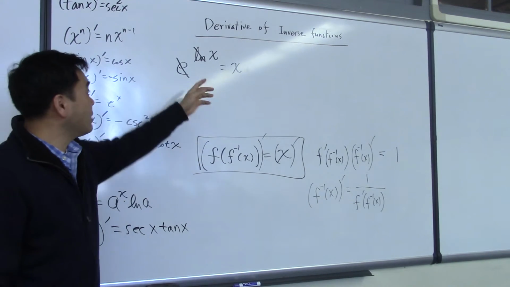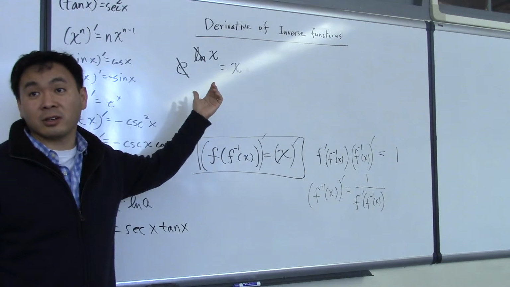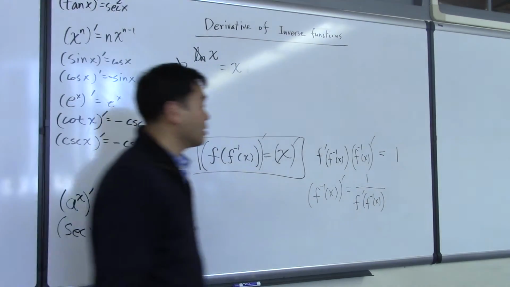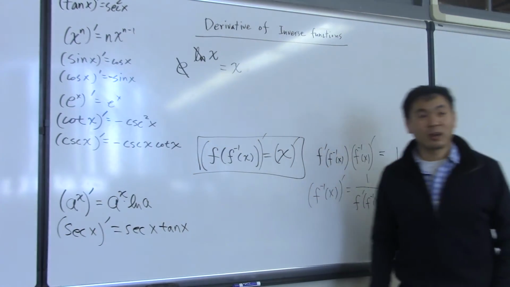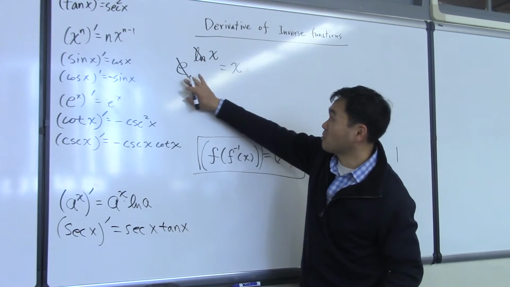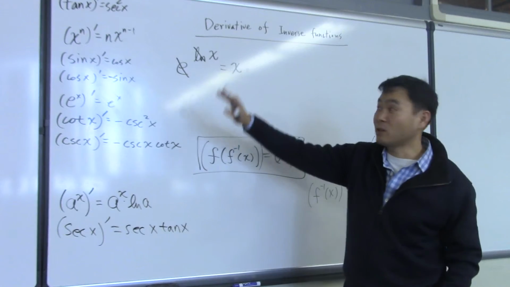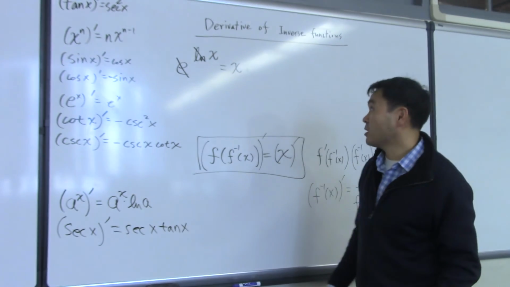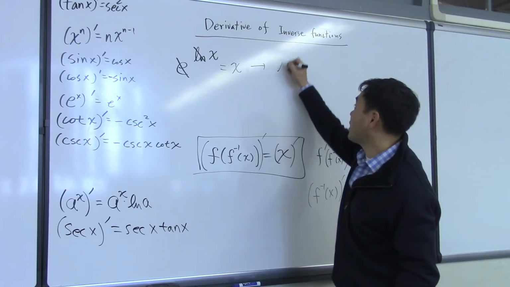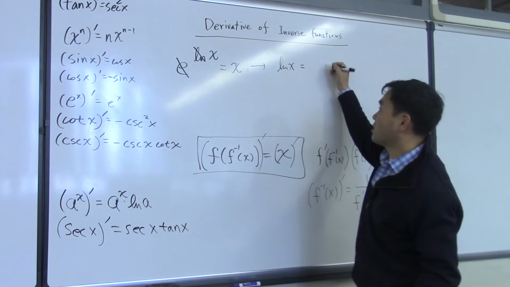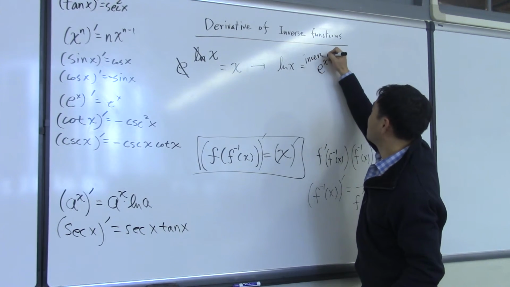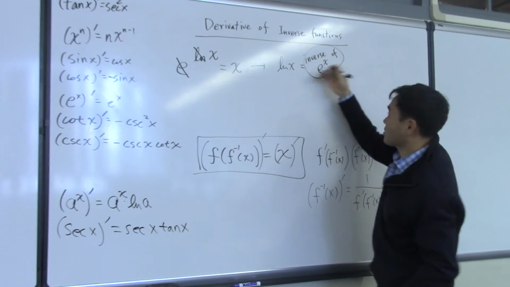It's the inverse function for the exponential function. That's how you were introduced to the logarithm when you learned it in pre-calculus. Although you may have forgotten any relation between the exponential function and log function, they are really inverses of each other. So because this is true, this means that ln of x is really the inverse of e to the x.